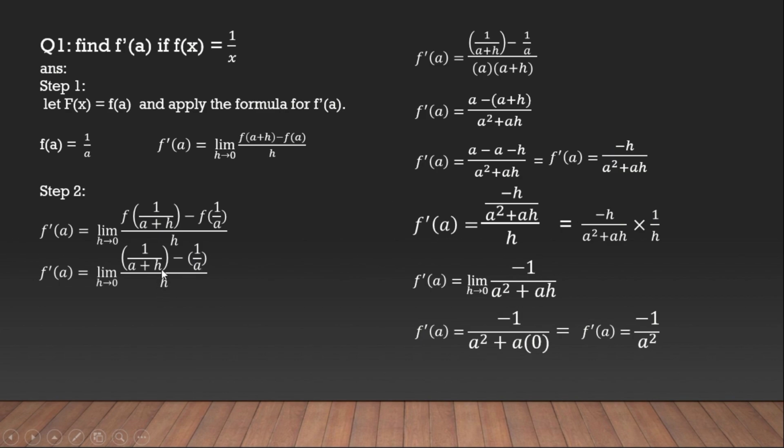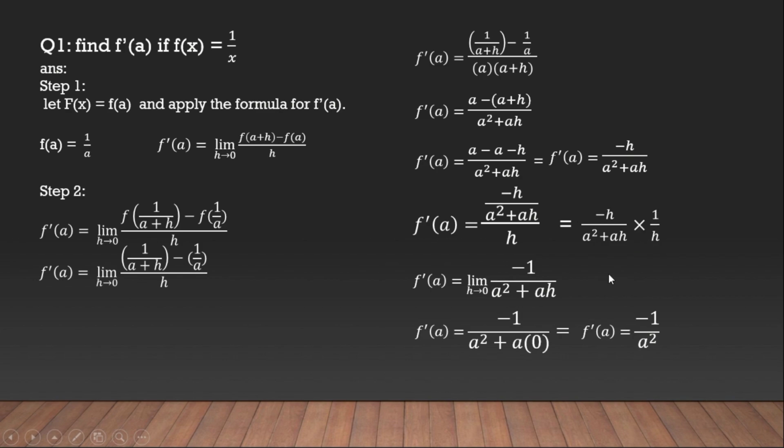So now that we've found our numerator here, we can plug it back in to this equation. And then we say f prime of a is equal to negative h, which is this, a squared plus ah, which is this in the bottom, divided by this h that we omitted earlier, which is the same as saying negative h divided by a squared plus ah multiplied by 1 over h.